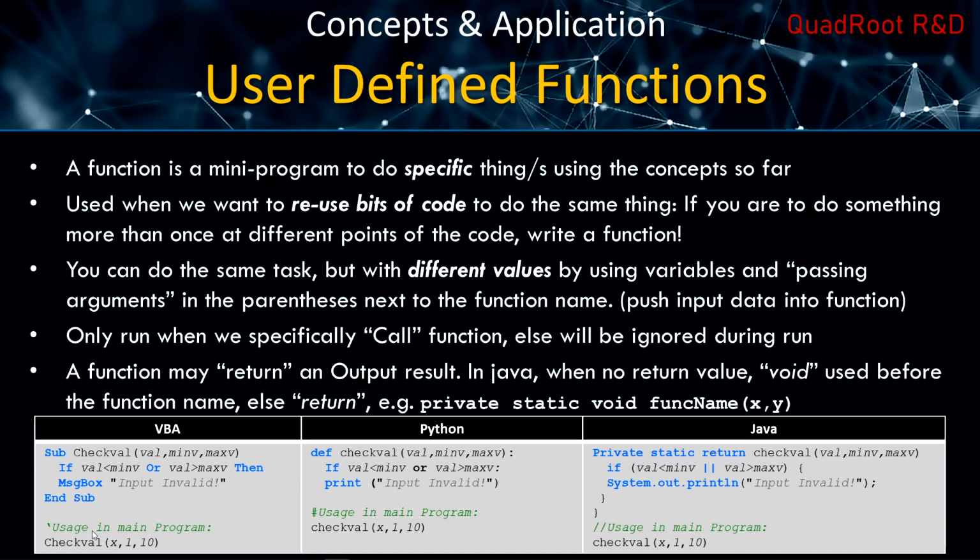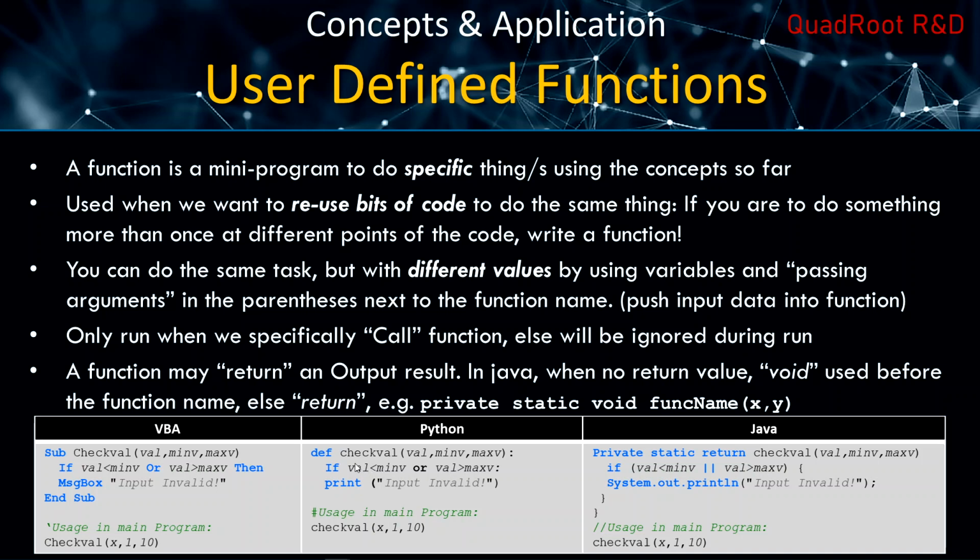So in the main program, you would call this function just by simply writing CheckVal, which is the function name. And in the parentheses, we pass the arguments, which is x, the variable in which the user has input the value, 1 is your minimum value, and 10 is your maximum value.